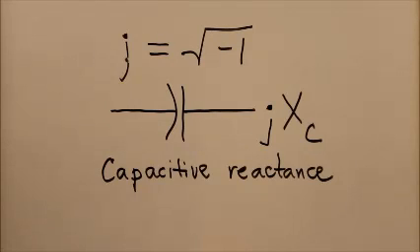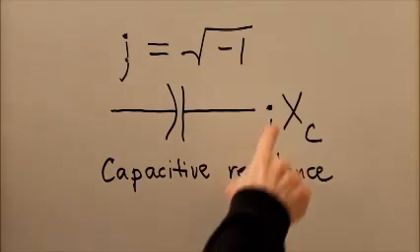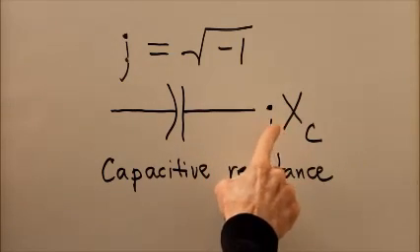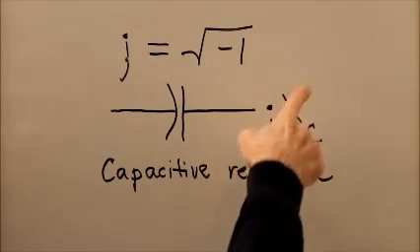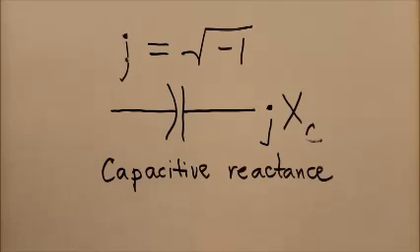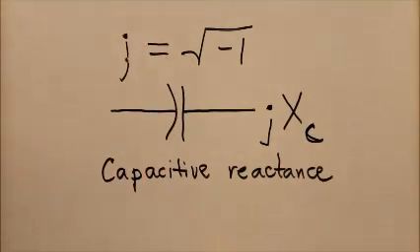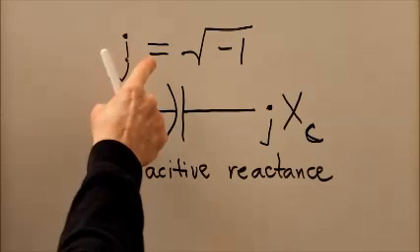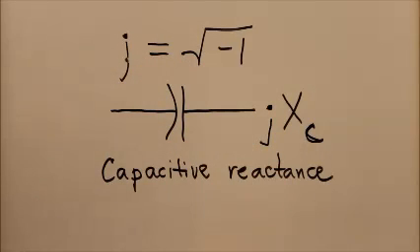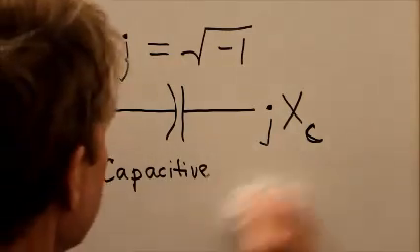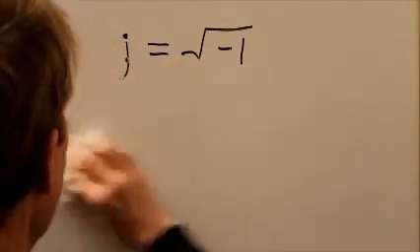Well, that's not quite all of it. Capacitive reactances, this particular value here, X sub C, the real number coefficient, is always negative. When we multiply this J operator by a negative real number, we get a negative imaginary number.